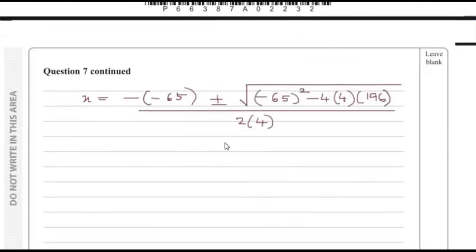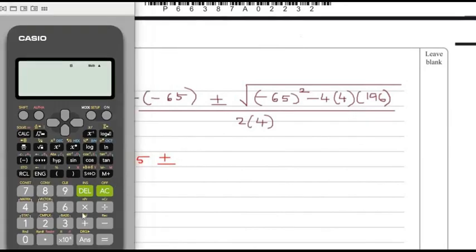So let us see what we get. Here it is minus of minus is plus, so plus 65 plus minus, let us see what we get under the square root. It is square root of minus 65 squared minus 4 times 4 times 196. So we get it as 33.